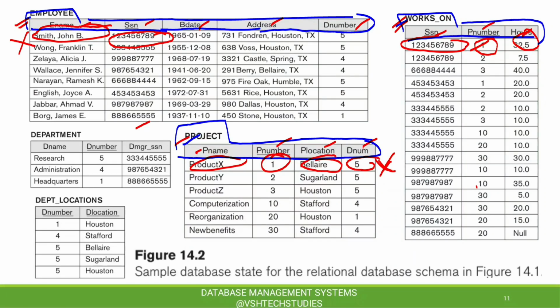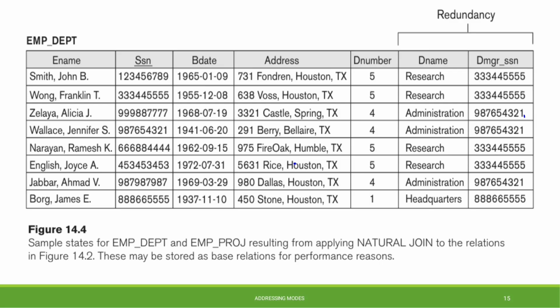Okay. So this way, relation schemas which are not violating guideline 1, their relations will not have any storage of redundant data. They will be free from the problem of redundancy. The EMP_DEPT relation cannot be used as a base relation because it has a redundancy problem. Base relation means it is stored this way in the computer storage medium.